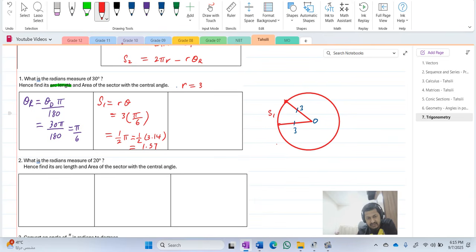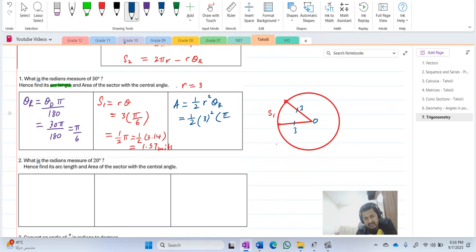Now to find the area of the sector, we use the formula area is equal to half r squared theta in radians. So half r squared is 3 squared, theta in radians is pi by 6, that was 30 degrees.